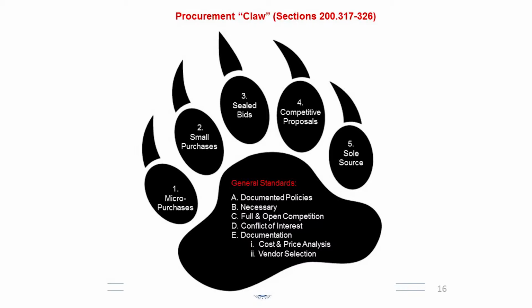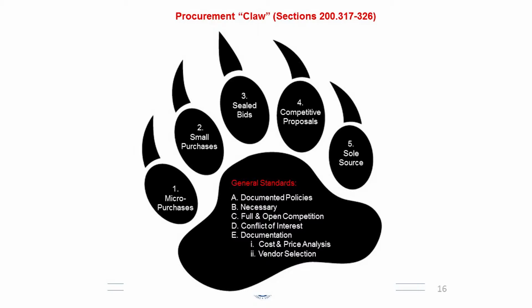No matter which method of procurement you're using, there are general standards which apply. One, the entity has to have documented policies in place, and the procurement has to be necessary to the award. We also have general standards about efficient procurement, so shared service agreements and strategic sourcing agreements. Thinking about how to structure that procurement most efficiently is encouraged.